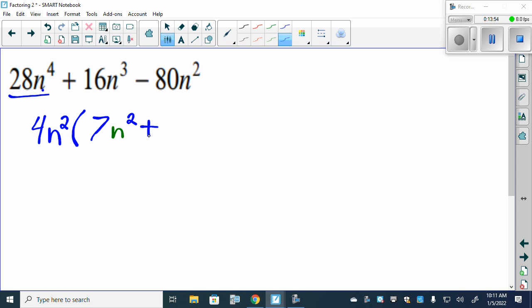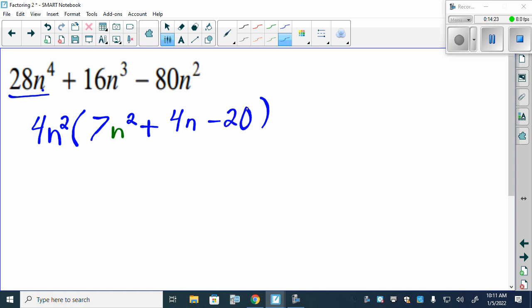And whenever we divide like terms or like variables, we subtract the exponents. Now the next one, 16n cubed divided by 4n squared. Well, 16 divided by 4 is 4. N cubed divided by n squared is n. 80 divided by 4 is 20.